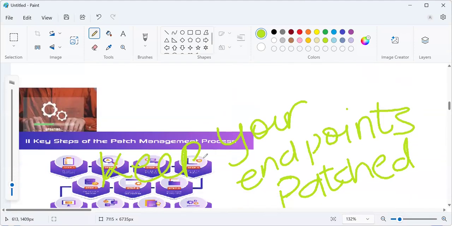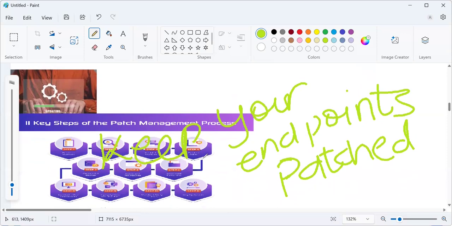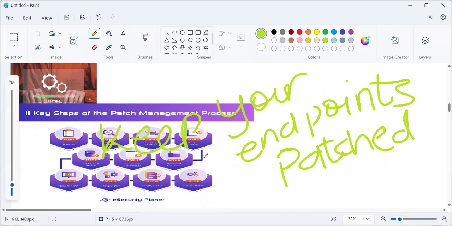Next, we're also going to talk about keeping the endpoints patched. By now, for anybody in the cybersecurity space or the tech space, you should know about updating your system. That's what we mean when we talk about patching. Most patching just means regularly updating. Patching systems helps to remove vulnerabilities that can be exploited by attackers.